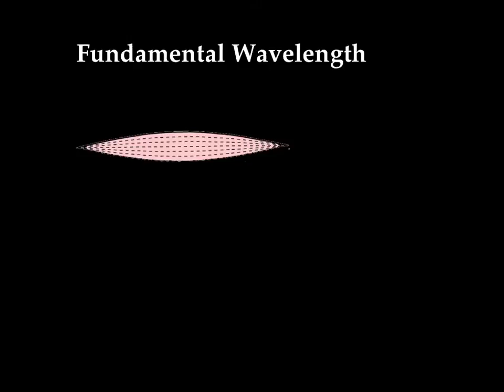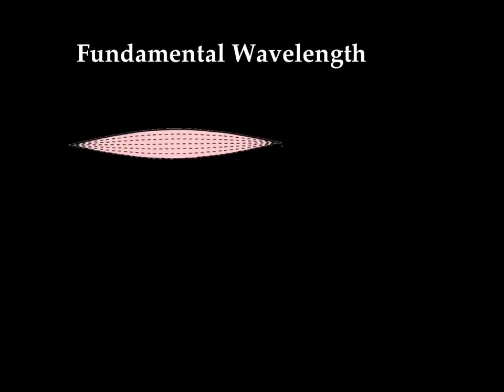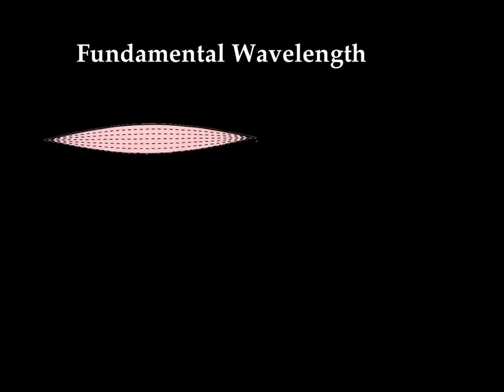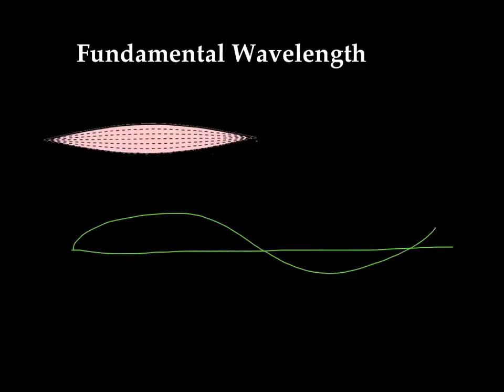So how long exactly is our fundamental wavelength? If we take this wave, it's 1 bump, right? And we compare it to a whole wavelength. This is the length of the string.